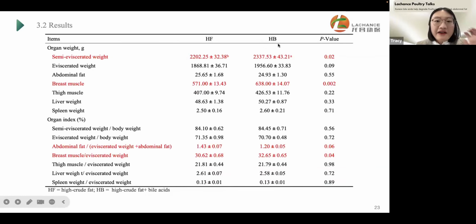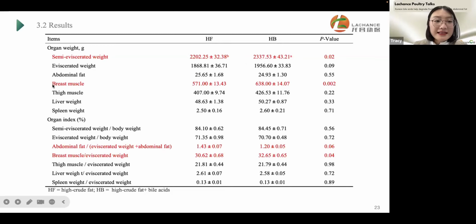So you can see that after adding bile acids, the eviscerated weight was improved from 2,202 to 2,337.